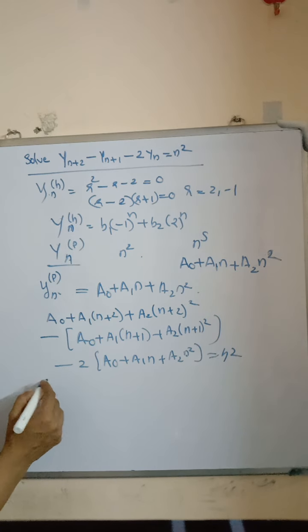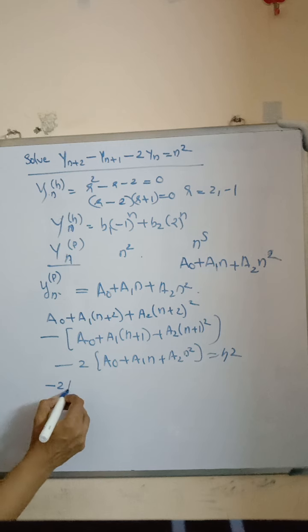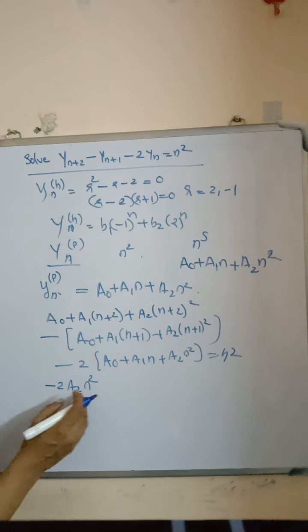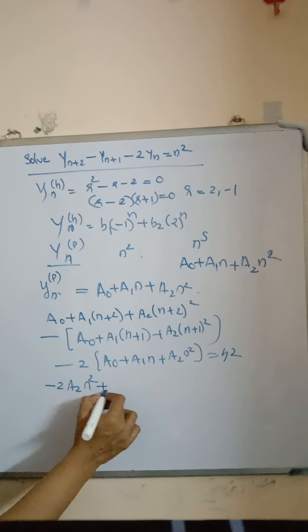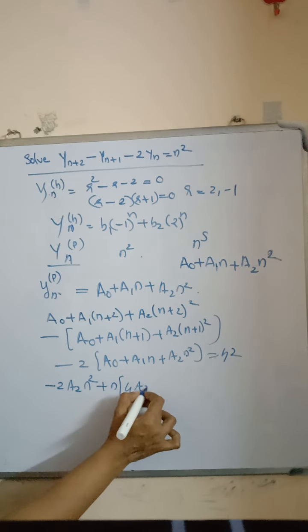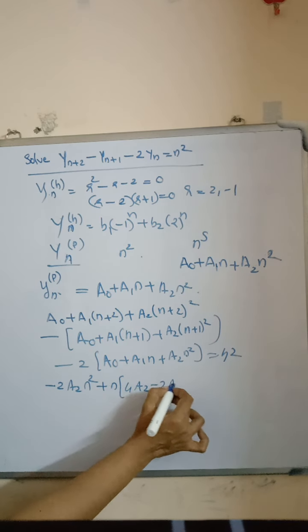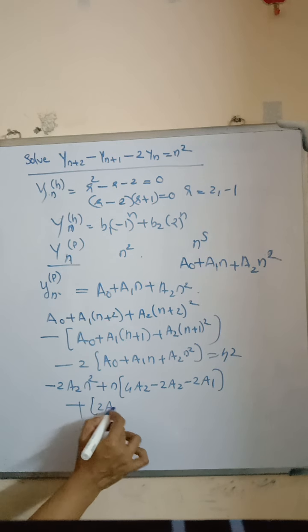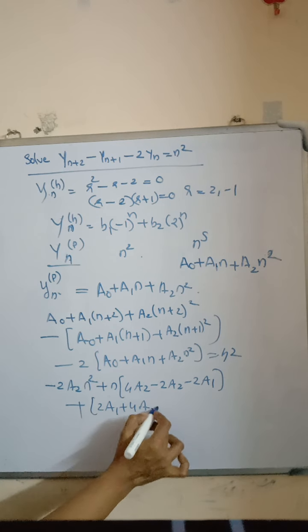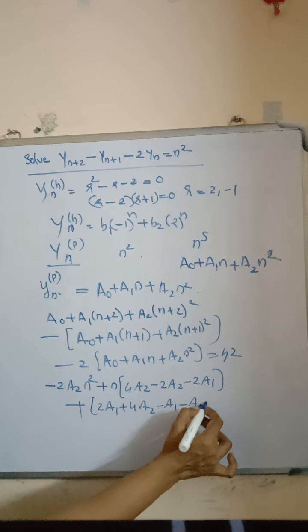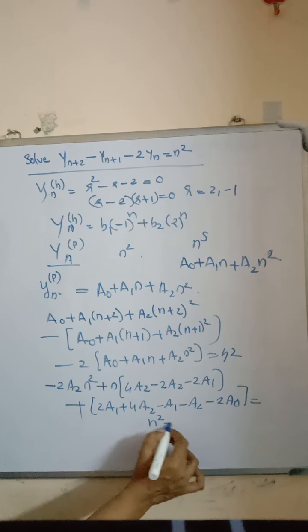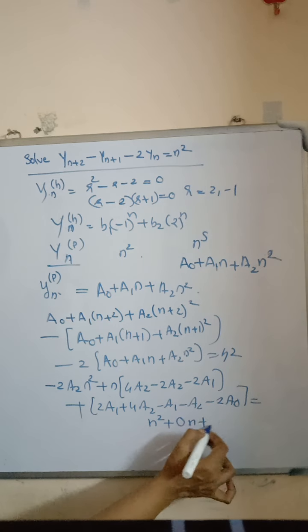After calculations we get minus 2a2n square. Combine all the terms of n square: minus 2a2n square plus n into 4a2 minus 2a2 minus 2a1 plus, combining the constant terms, 2a1 plus 4a2 minus a1 minus a2 minus 2a0 equals n square. n square is n square plus 0n plus 0.